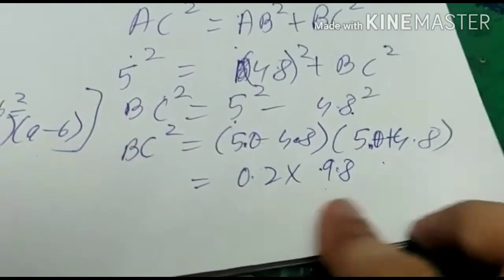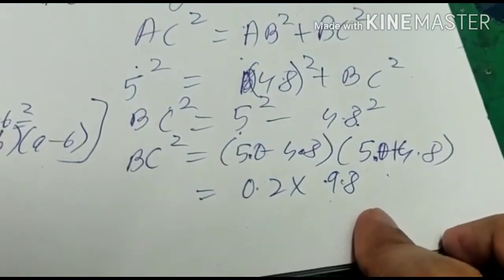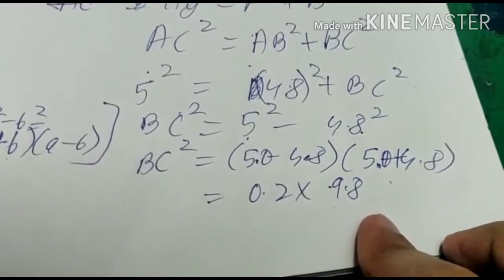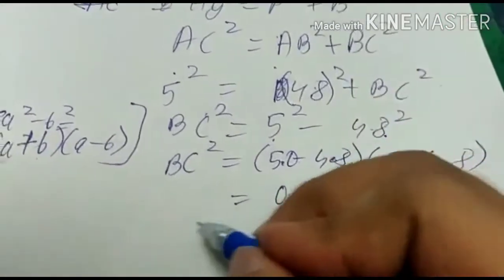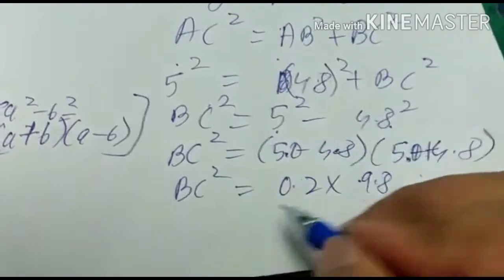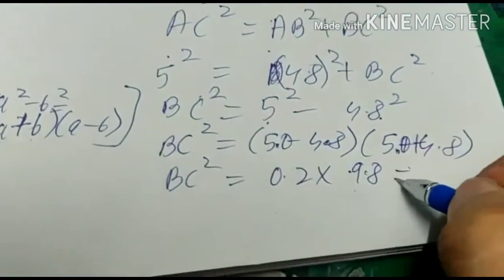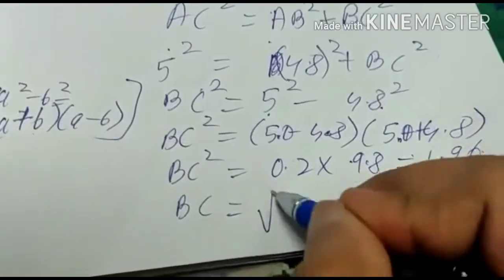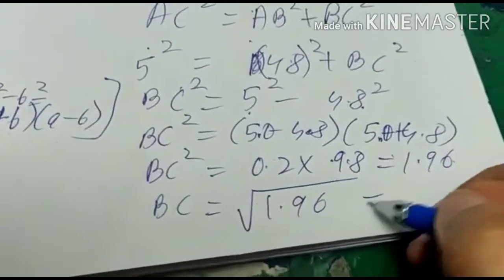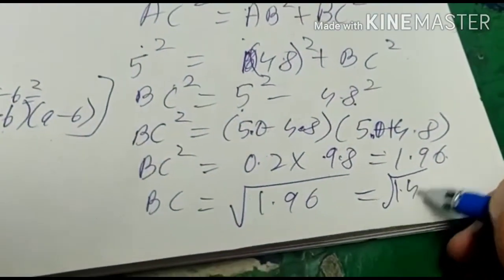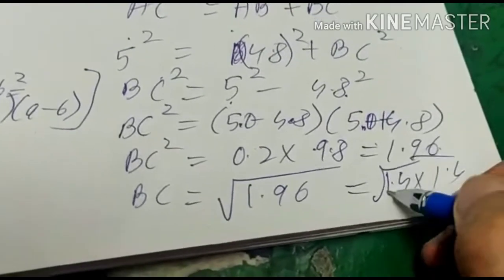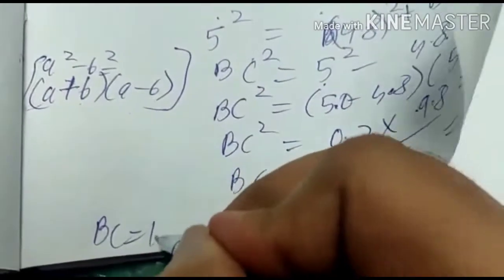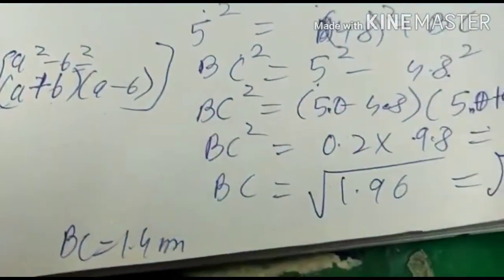This comes out to be 1.96. BC square equals 1.96, and BC equals root 1.96, that is root of 1.4 into 1.4. BC equals 1.4 meter.